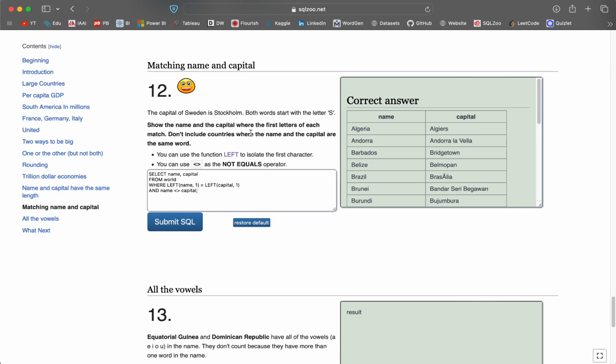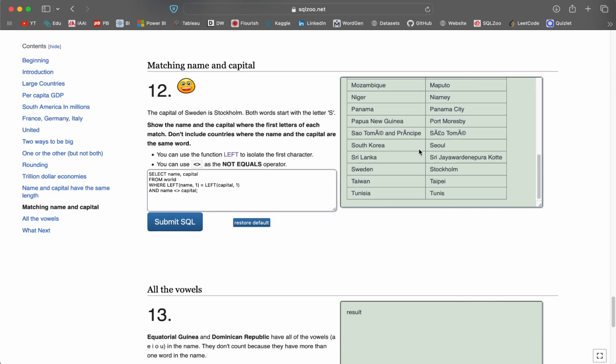Let's say you wanted to isolate the second character, for example the letter N in Andorra. You change this to a 2, and you're doing the same thing. You want it to equal the first character in the capital column, and you do not want capital and name of the country to be the same word, like Luxembourg, Luxembourg.